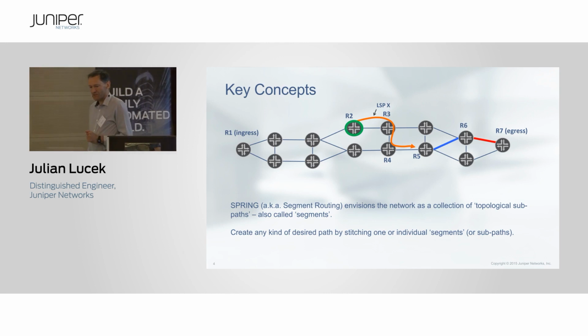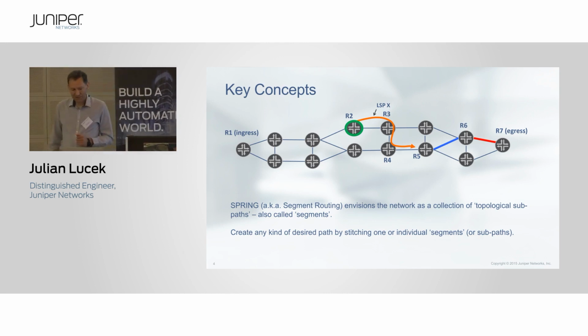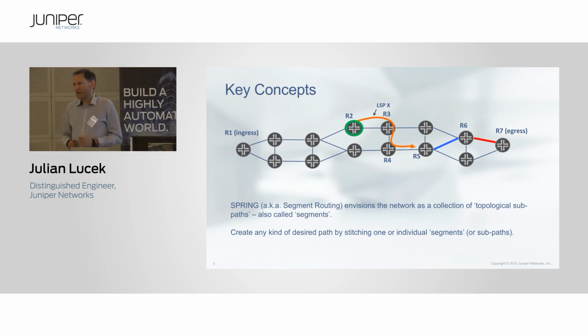And when the packets emerge from orange LSPX, we want the packets to be steered onto that blue link towards R6, and then finally onto that red link to R7. And we want to be precise about that. We don't want the traffic to follow any other path to get from R5 to R7 for that final part of the journey. And so we can achieve that by using the appropriate types of segment.